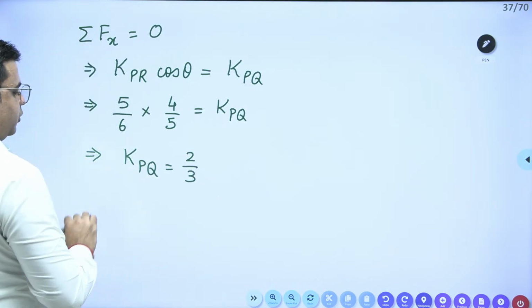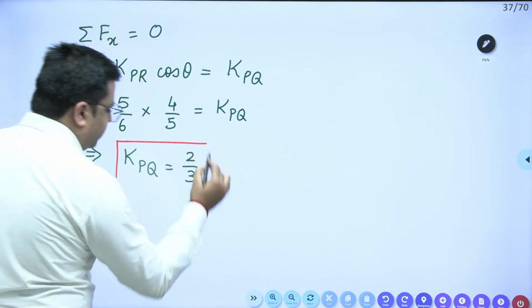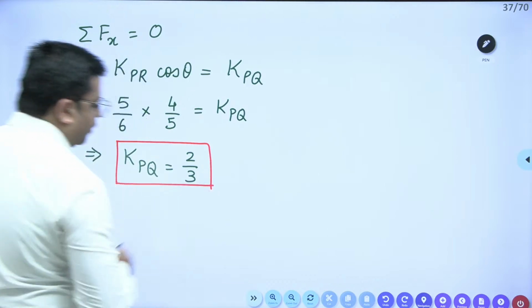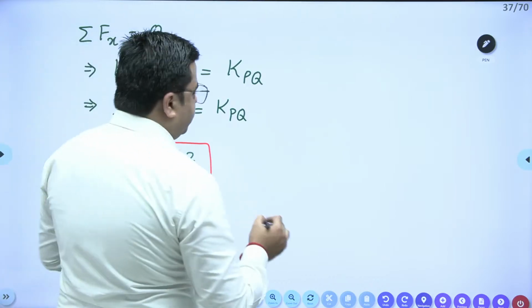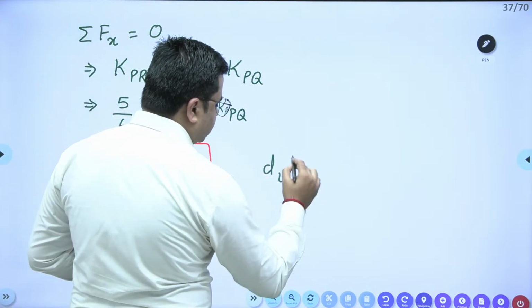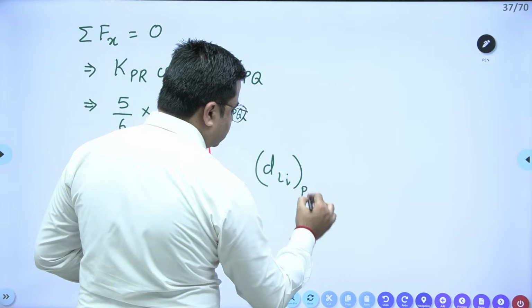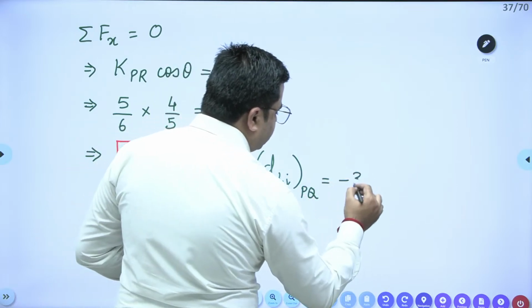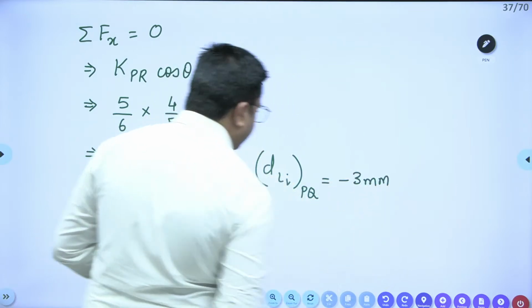So this KPQ is 2 by 3. We get the value of KPQ and we know the lack of fit of PQ, which is minus 3 mm.